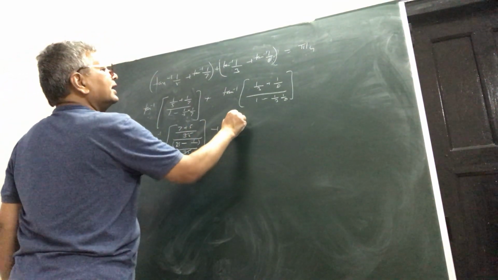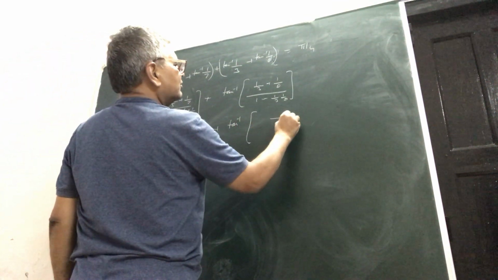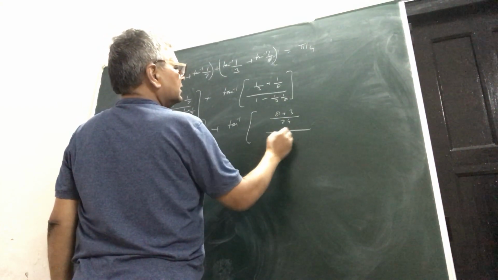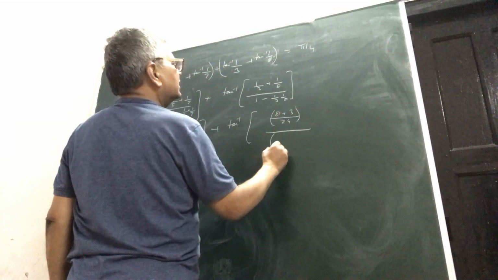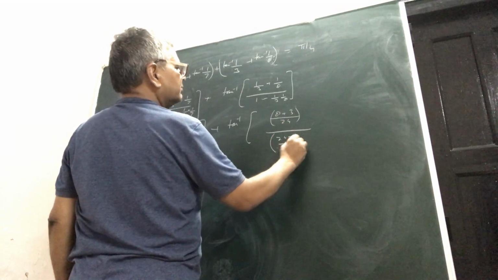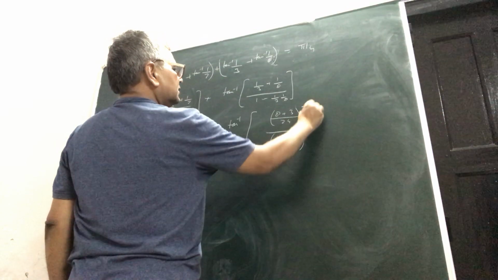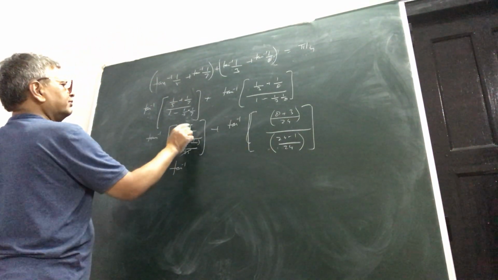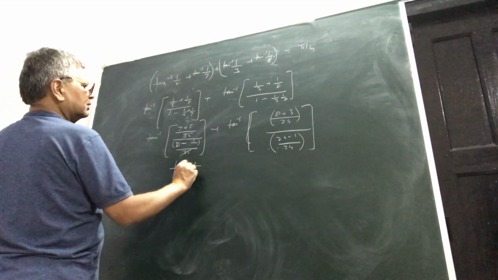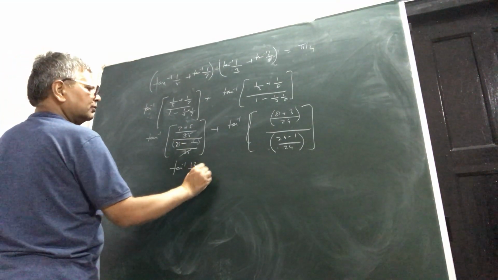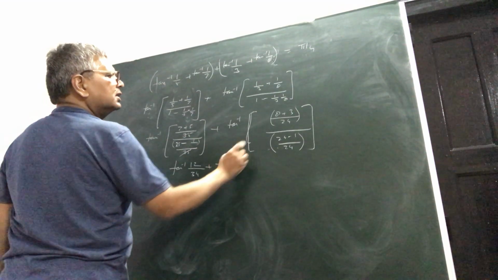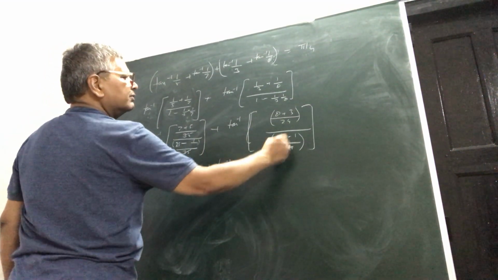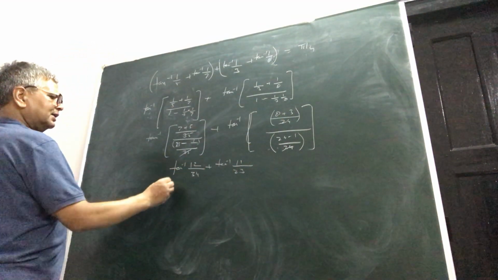So tan inverse, see, 24 is the LCM, 8 plus 3 and here in the numerator you will get 24 minus 1 upon 24. So eventually what you will get is tan inverse 12 upon 34 plus tan inverse 11 upon 23. 24 will cancel.